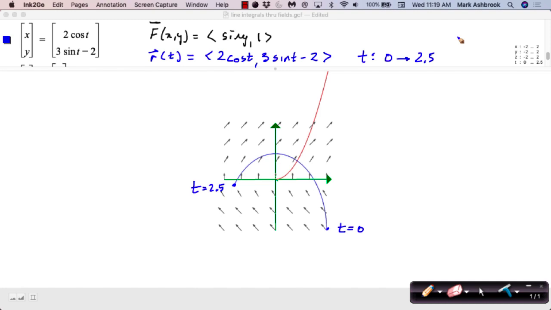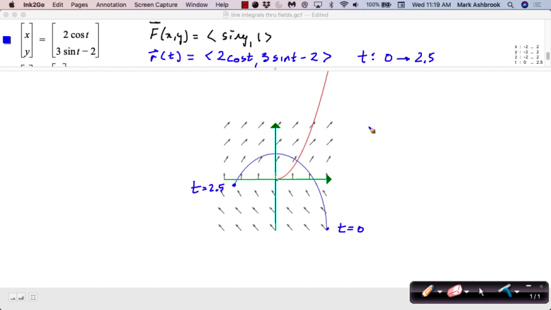So, what do you think about this? Positive or negative line integral? So what about it first? Positive through here, zero-ish through here, and then negative.